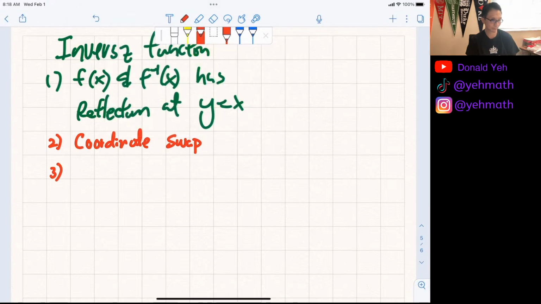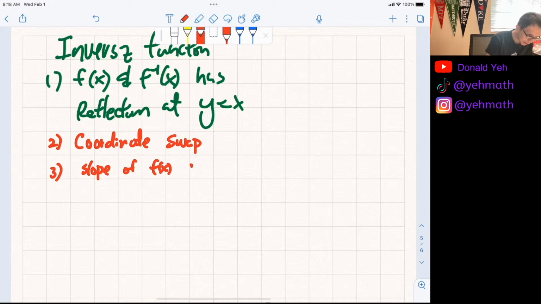Third thing. So the slope of f of x and the slope of f inverse of x are reciprocal to each other.